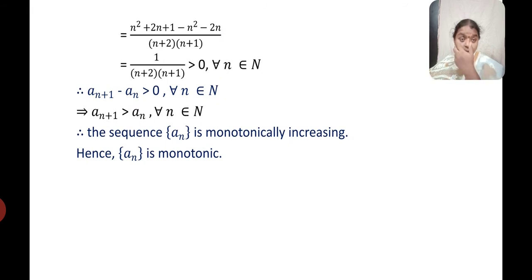We use the a plus b whole square formula and expand, and after simplifying, I get 1 divided by n plus 2 into n plus 1. So, this is greater than 0 for all n belongs to N. This means that an plus 1 is greater than an for all n belongs to N. Therefore, the sequence an is monotonically increasing and hence it is monotonic.